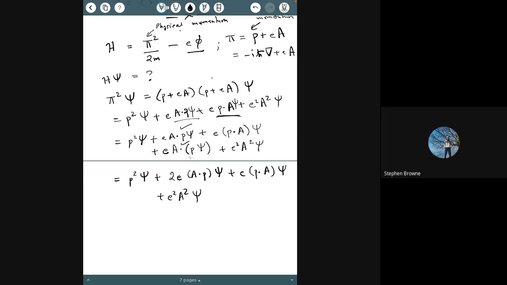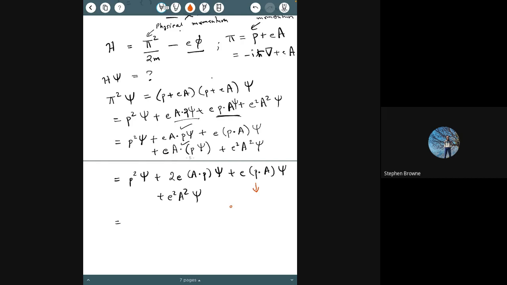Okay, now we will see the usefulness of the Coulomb gauge. So in P dot A, what is P dot A? I'll just write it over here.